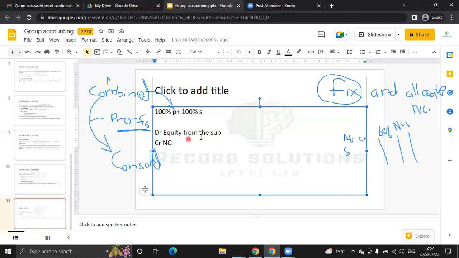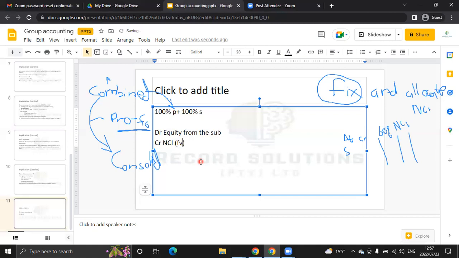So this equity that we recorded here, this is the entire value of the business from a group perspective that we are taking out, and then what we're crediting here is the non-controlling interest, meaning the portion that's attributable to that other 40%, right? And this can be recorded, number one, at the fair value.